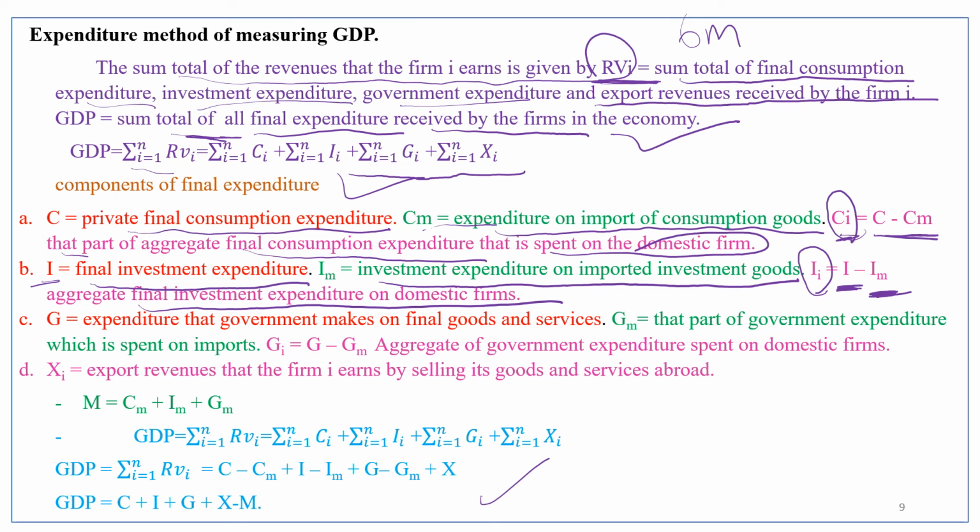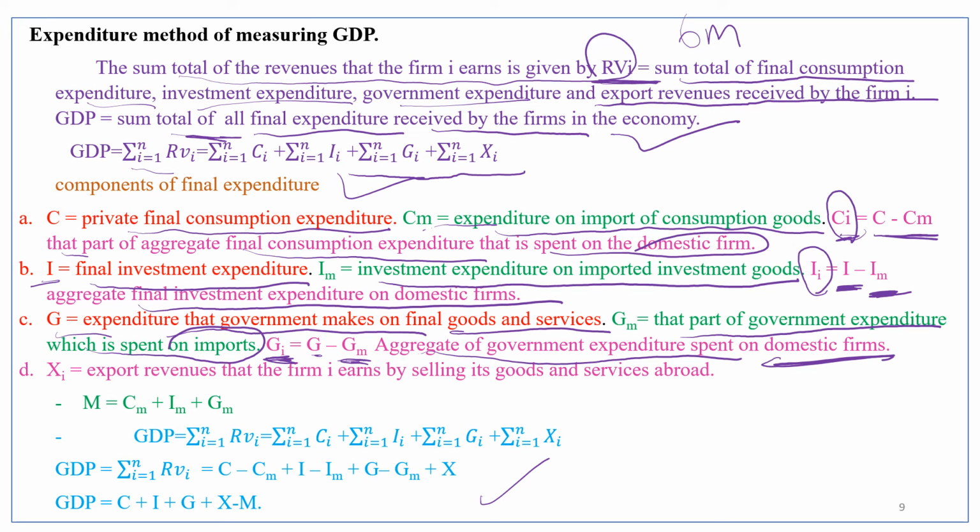Government expenditure, that is G, stands for expenditure that government makes on final goods and services, and Gm stands for that part of government expenditure which is spent on imports. Now Gi stands for government expenditure on domestic items. How will you get it? Total government expenditure minus expenditure on imports. If you deduct, then you are going to get aggregate government expenditure spent on domestic firms.